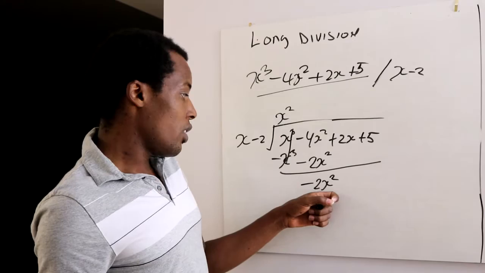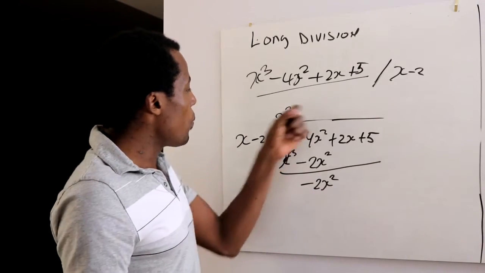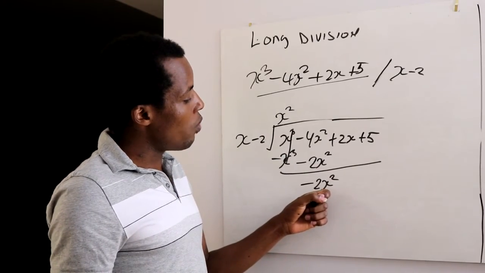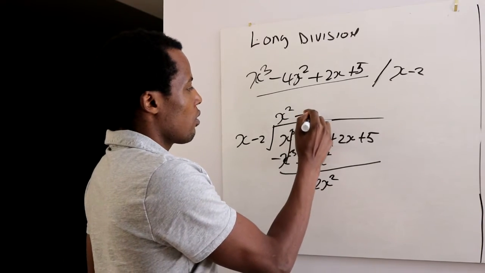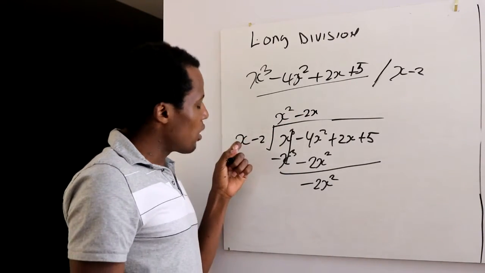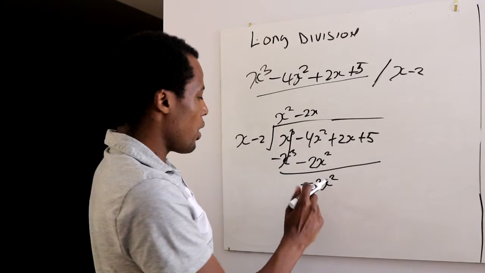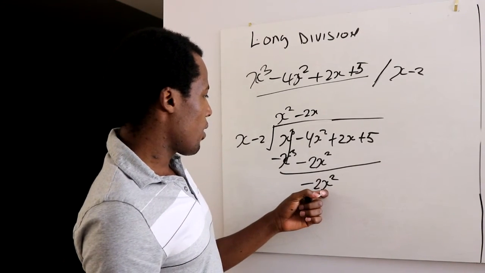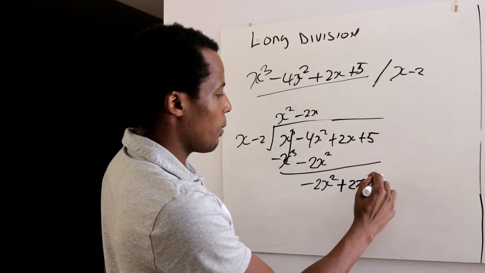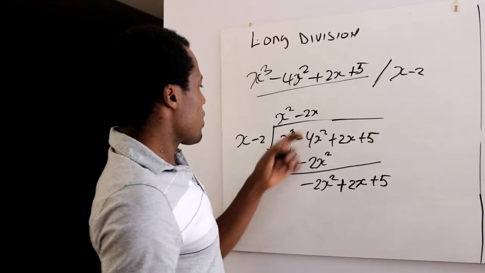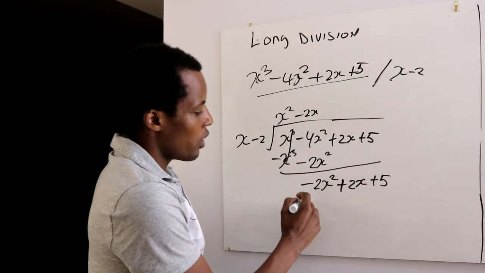Now our leading term is minus 2x squared. What do we need to get this minus 2x squared when we have x? We need minus 2x, right? Minus 2x times x is minus 2x squared.